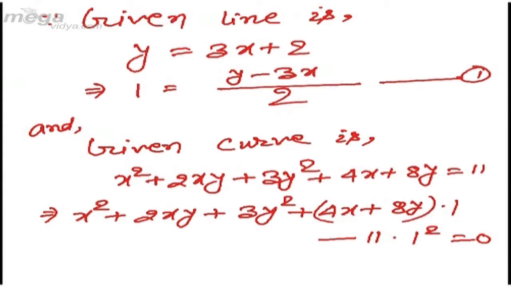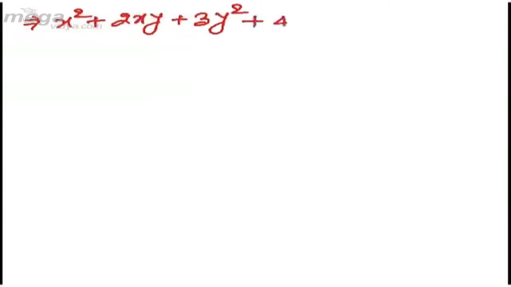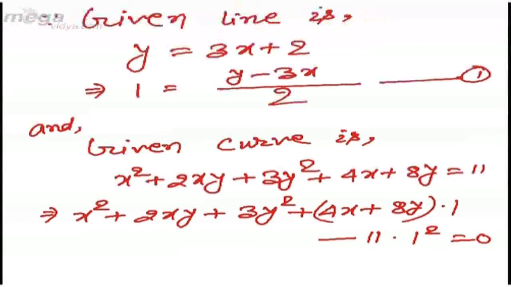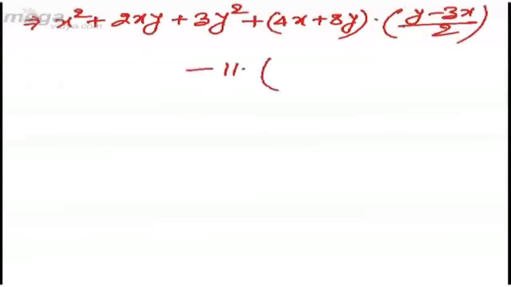So it becomes x square plus 2xy plus 3y square plus 4x plus 8y into y minus 3x upon 2 minus 11 into y minus 3x upon 2 whole square is equal to 0.